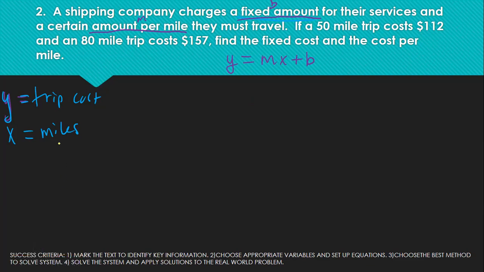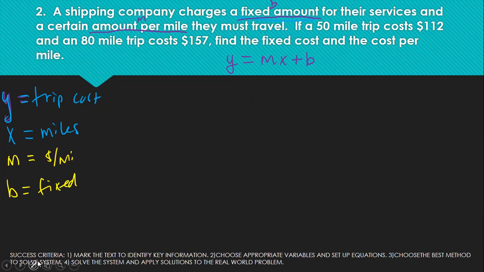So your M, do we know what M is? No, we do not know our cost per mile. Do we know what B is? No, we do not know the fixed amount. These two are what's unknown. Not your Y and your X, but your M and your B.